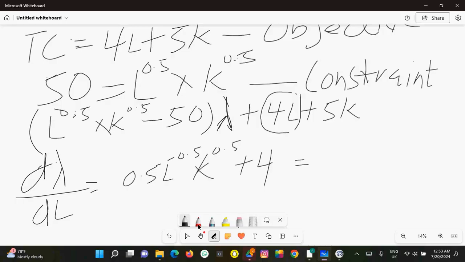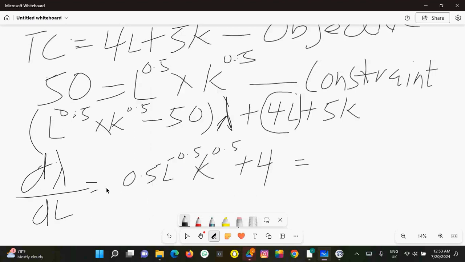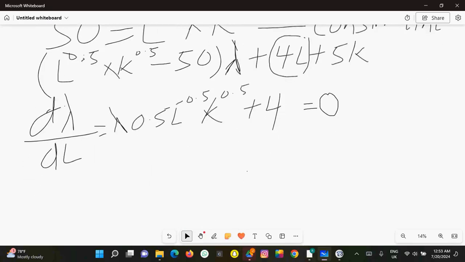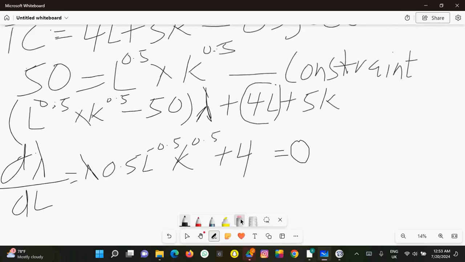So lambda will still come out of it. Then now we equate it to 0. So now the same equation appears. For me, I find this one easier than the first one.